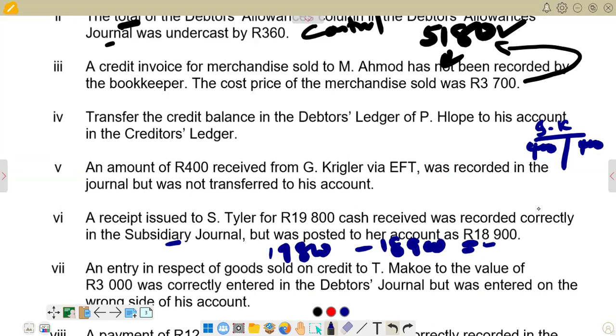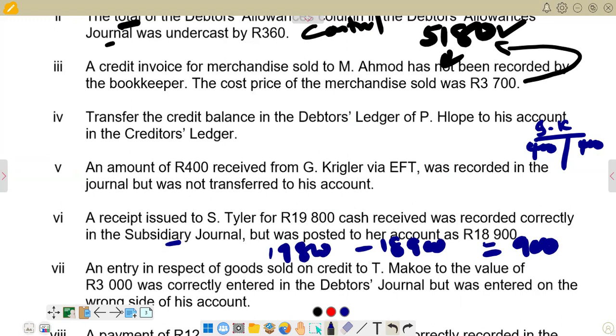You are going to get 900. So we are going to subtract a further 900 so that the amount gets to 19,800.